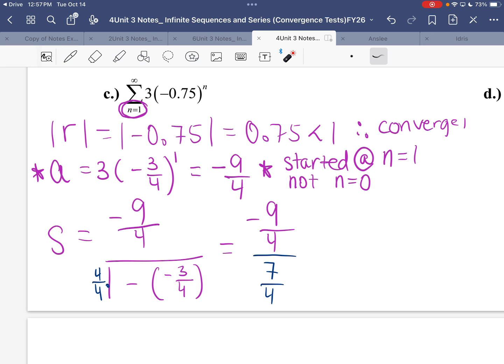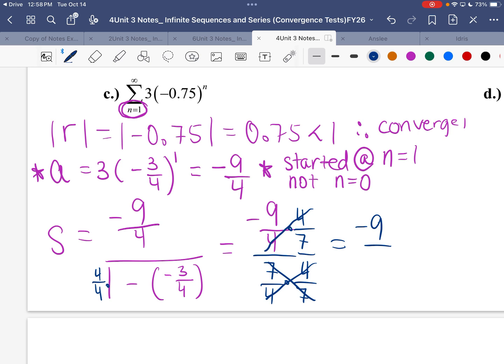Some of us at this step can tell that it's going to be negative 9/7. Some of us need to keep, change, flip. It is all good. Do whatever works for you. Just please, for the love of God, get it right.